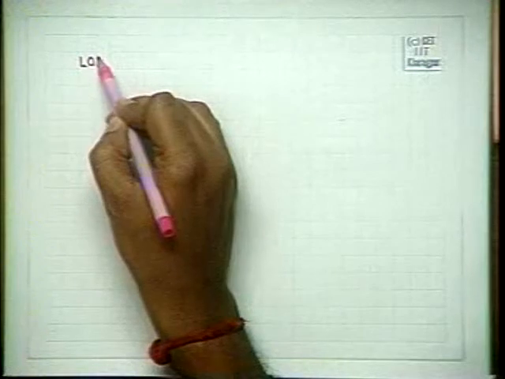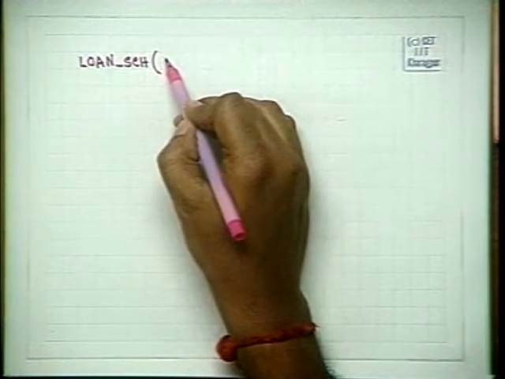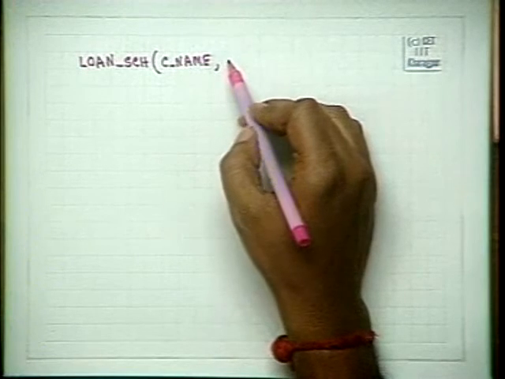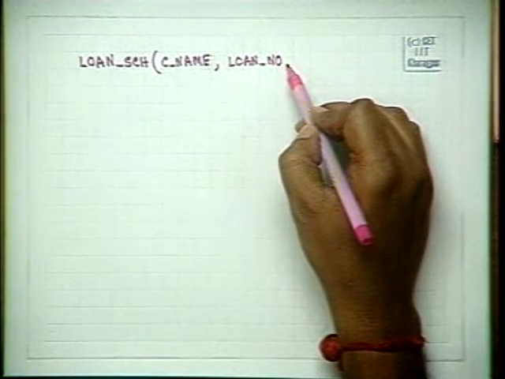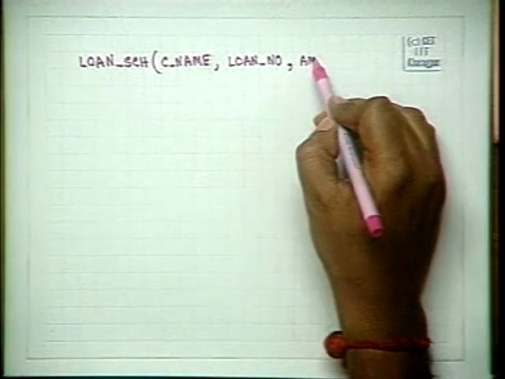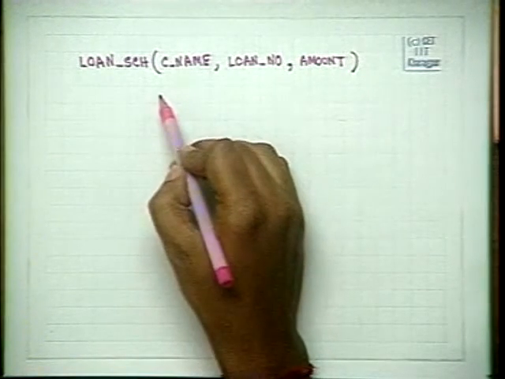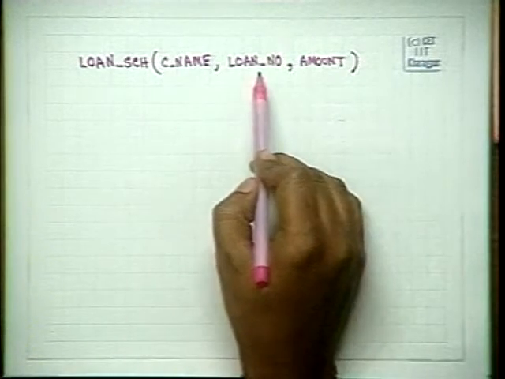Let us take an example. Let us take a simplified loan scheme on a single branch: customer name, loan number, and amount.